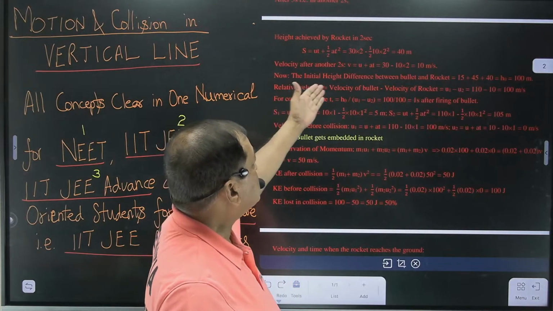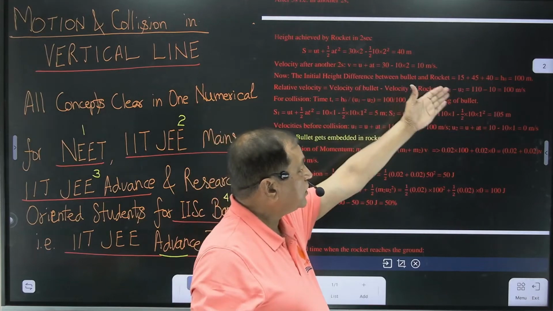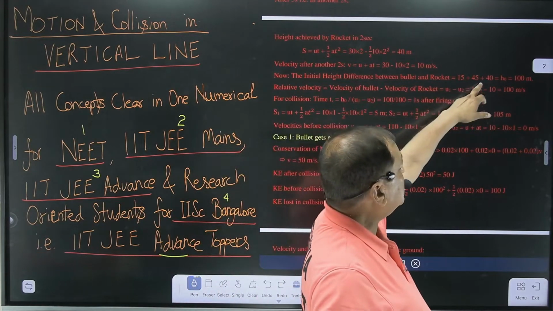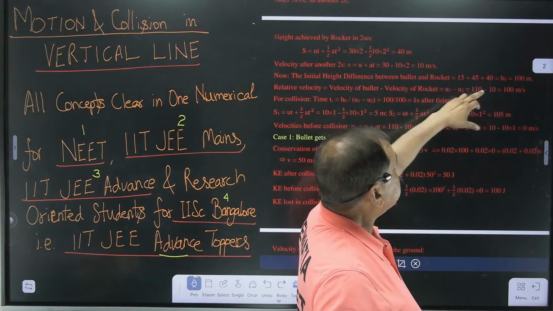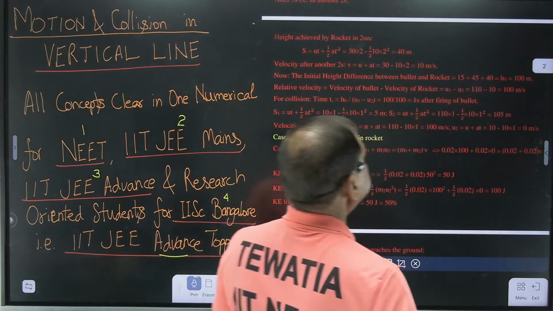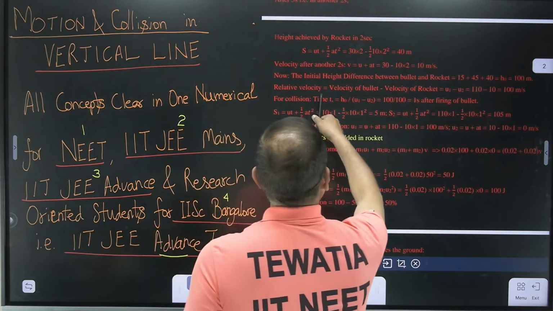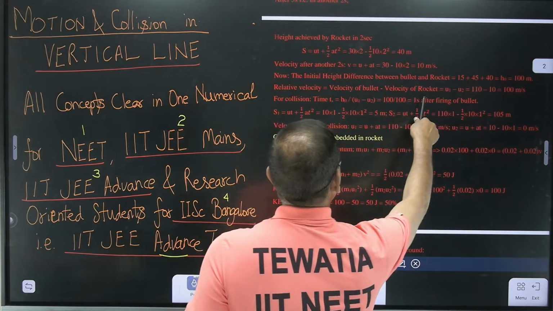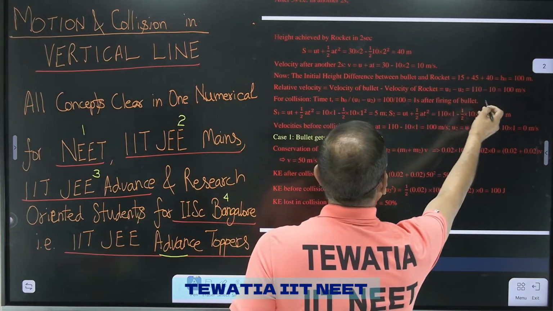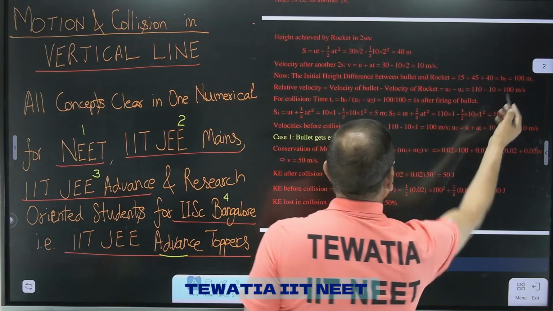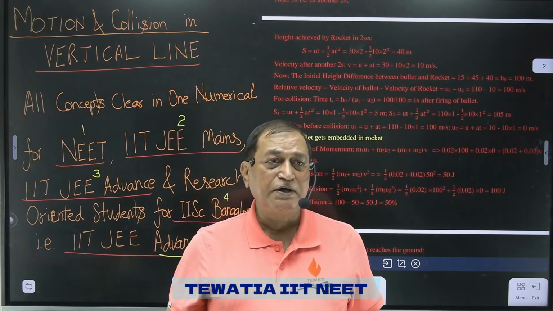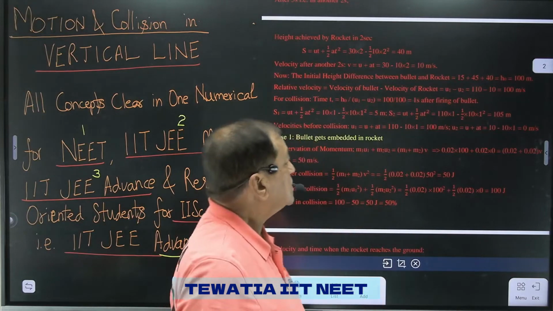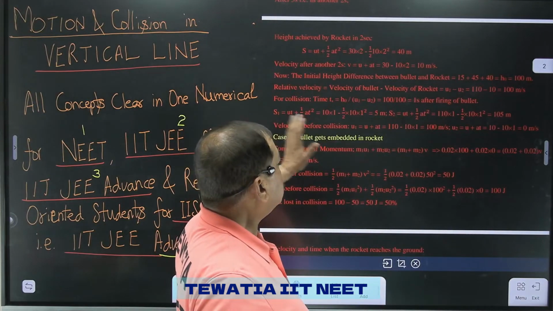So now the initial height difference between the bullet and the rocket is 15 meter plus 45 plus 40, which is equal to 100 meter. Then the relative velocity, velocity of bullet minus velocity of rocket, u1 minus u2, 110 minus 10, 100 meter per second. We have already solved this question in detail in our last videos. So nothing new here.